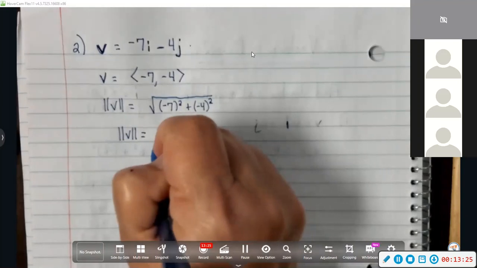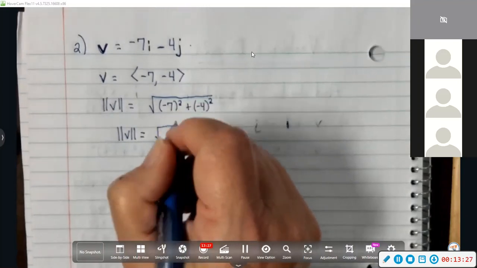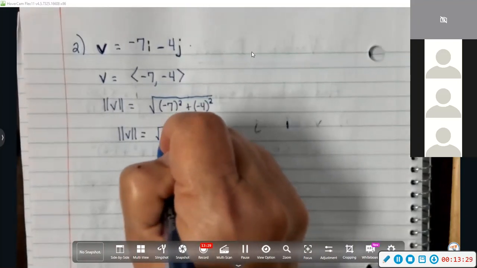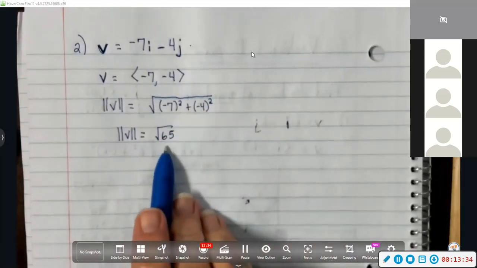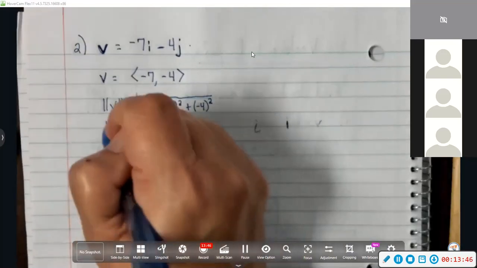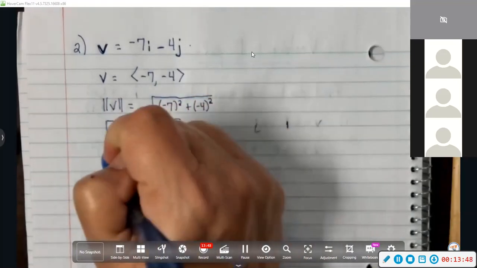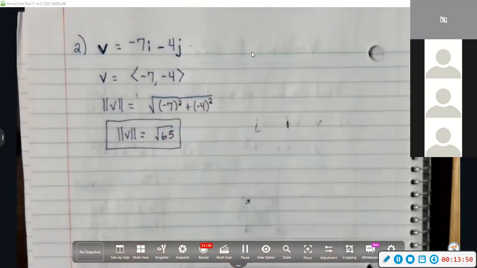So the magnitude of v is going to be the square root of 65. There are no perfect squares living in 65. If you factor 65, you can just break it down to 5 times 13. Neither one of those are perfect squares. So there's your magnitude. This time we're done. No simplifying required.